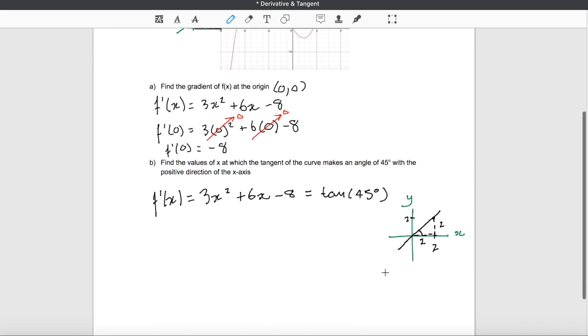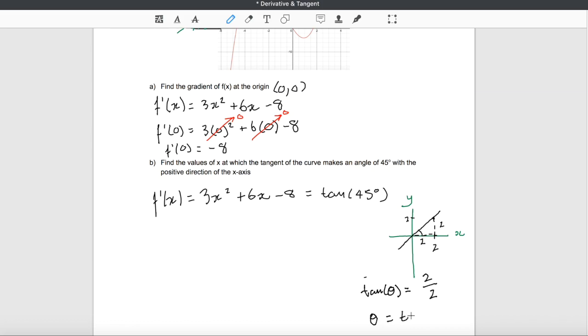tan of some angle equals, well, tan is opposite over adjacent, so that would be 2 divided by 2. Well, what is that angle? So what we can do is put that in the calculator.